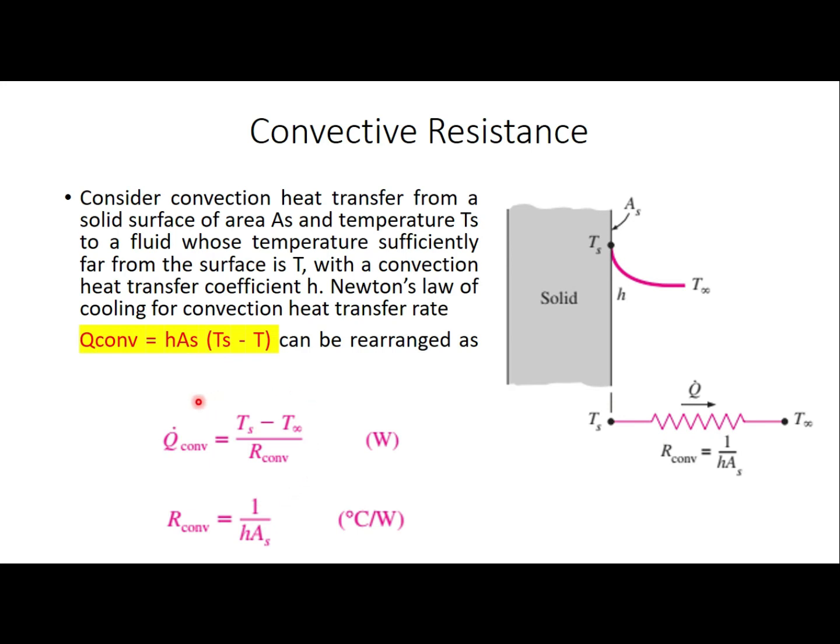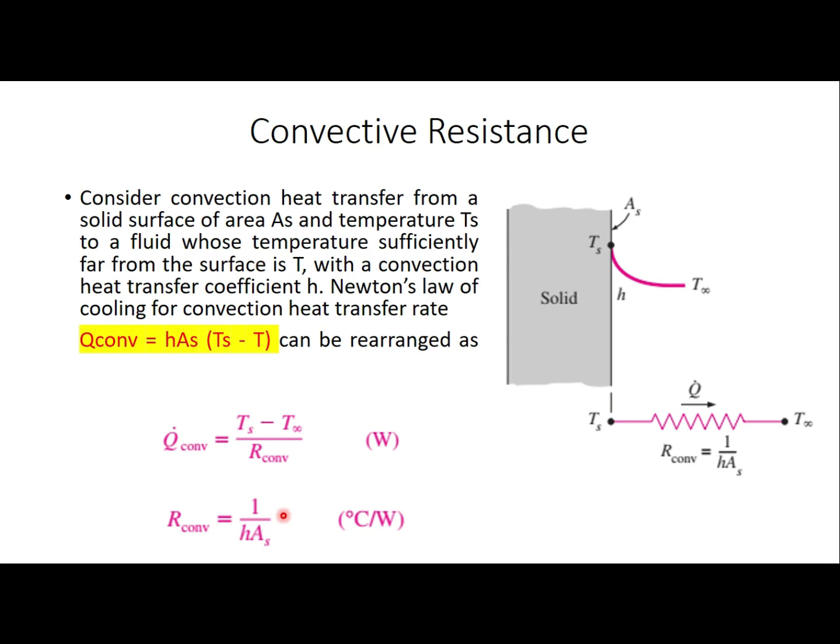So this equation is the same equation as we have studied in the previous slide, but instead of conduction we have convection here. So the rate of convective heat transfer is directly proportional to the temperature difference between the surface and the fluid temperature which is far away from the surface, and inversely proportional to the convective resistance.